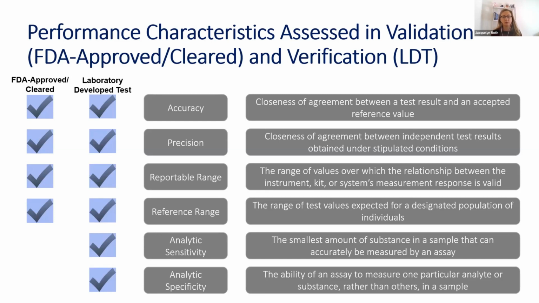You need to make sure your assay is specific for what you've designed it for. You can throw in interfering substances in here to show that they don't cause a problem. You can do bioinformatic or in silico mapping of primers to show they won't bind in other areas of the genome. Many different ways to test analytic specificity.